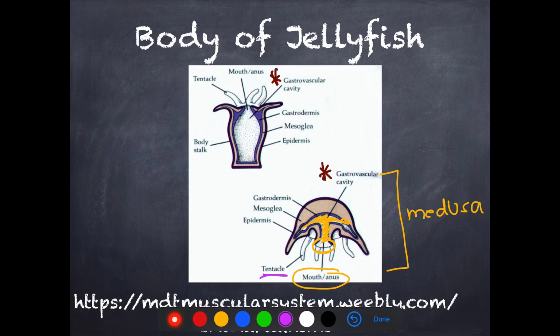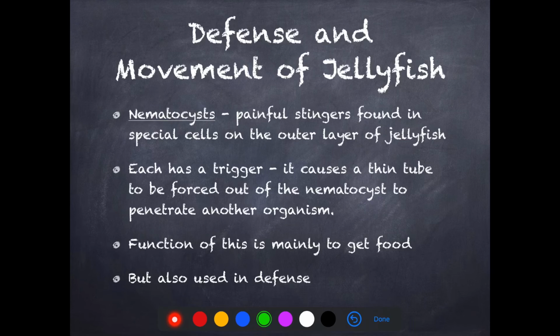You can see the tentacles coming out from the sides of the jellyfish around its mouth. And then you can see the polyp up here, which also has a gastrovascular cavity in the middle. It also has a mouth and anus at the top, and tentacles that come out around the mouth and body.